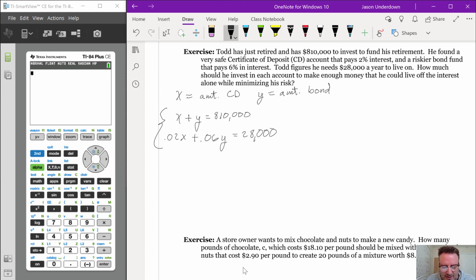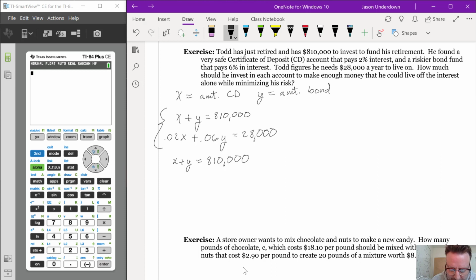I'm just going to multiply the second equation by 100, because 0.02 and 0.06 are just 2 100ths and 6 100ths. Multiplying the second equation by 100 clears out decimals entirely, and I get a new but equivalent system. My equivalent system will be x plus y equals 810,000.